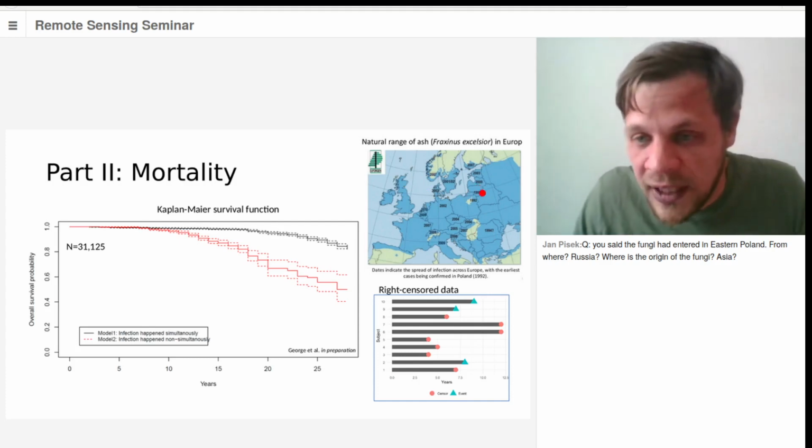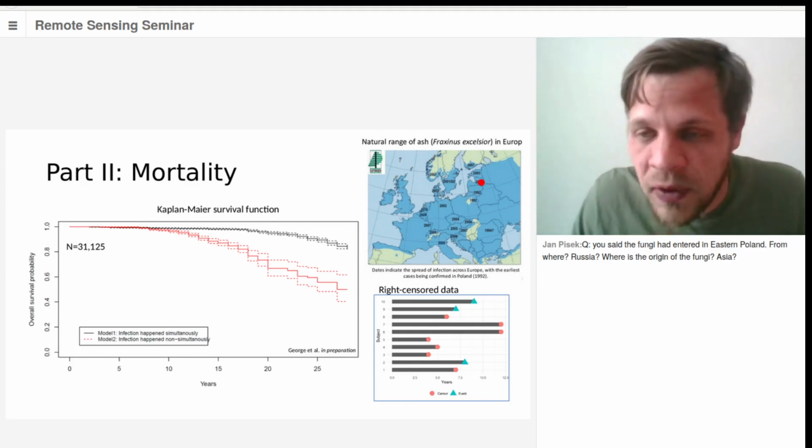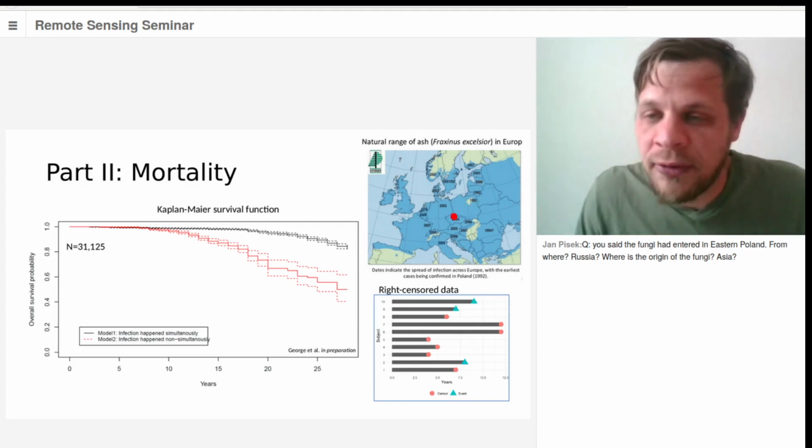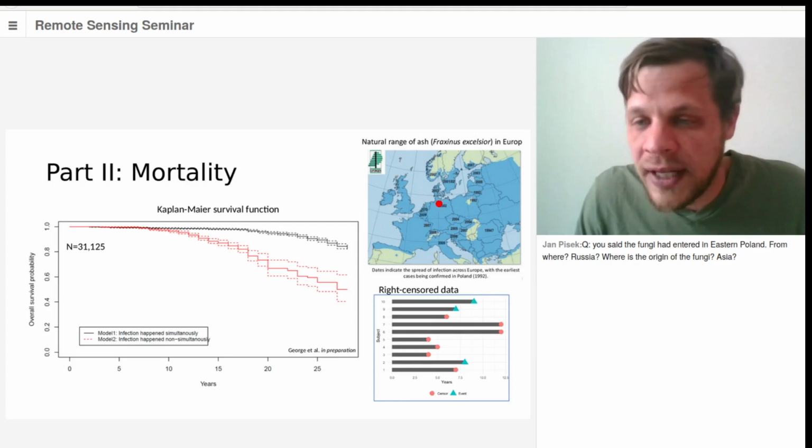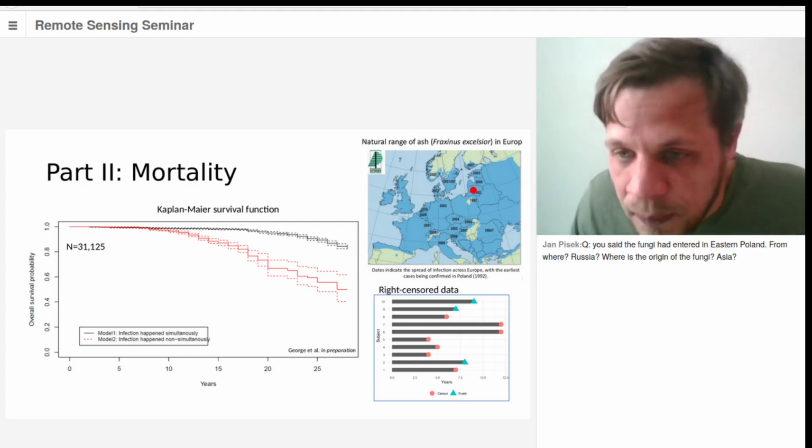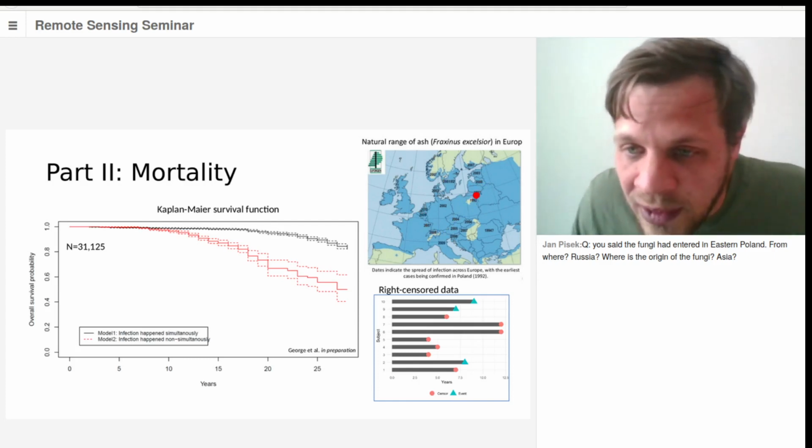As this map shows, you can see the dates where the first observations of ash dieback were made in Europe. Of course it entered Poland and Lithuania much earlier compared to France, Germany, or Italy.